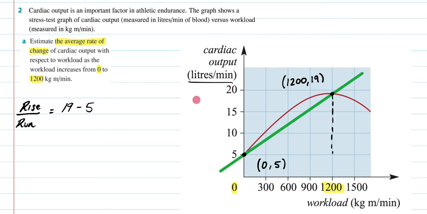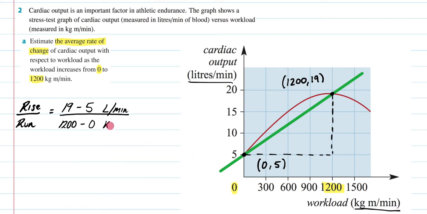We're dealing with liters per minute here. Then we're going to divide that by our run, which is this distance right here, and as you can see, this is going to be between 1200 and 0. So 1200 minus 0.